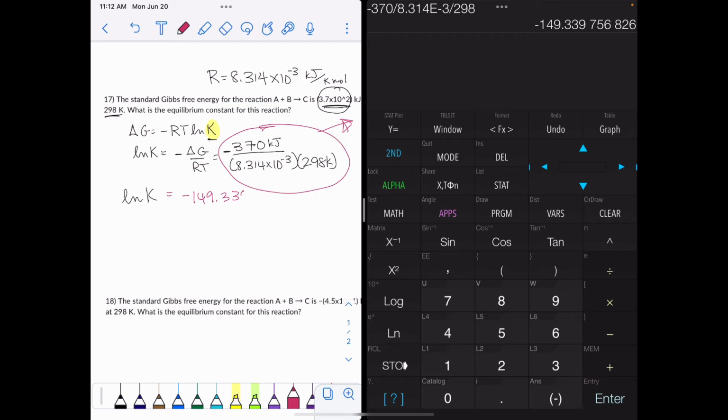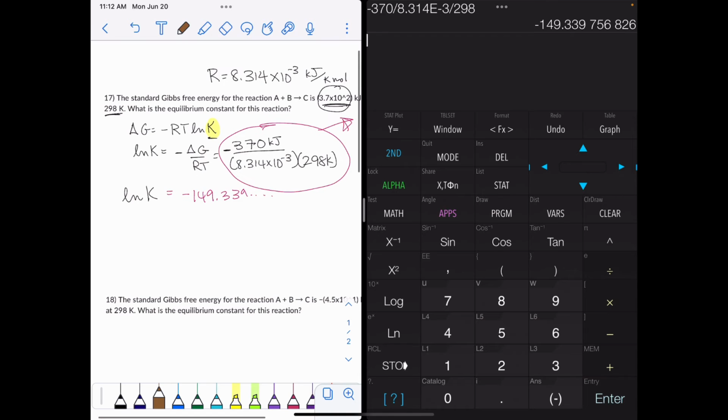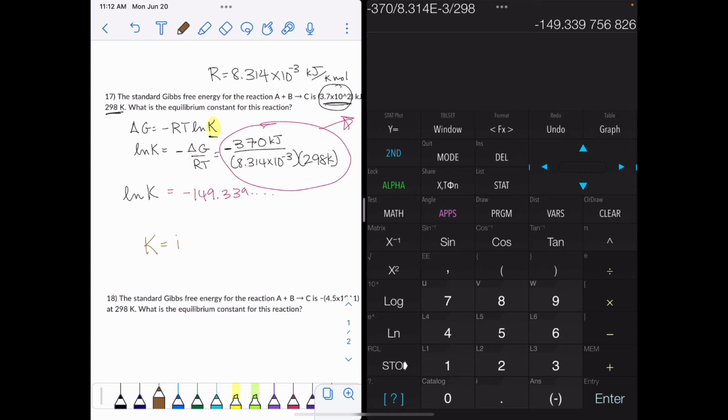And I really don't have to write this out by hand ever again, because in order to solve for K, I will take the inverse natural log of that number, and I don't have to type it back in. It's there on the screen. And so I need to find my inverse natural log button.